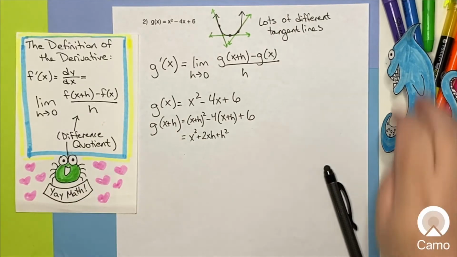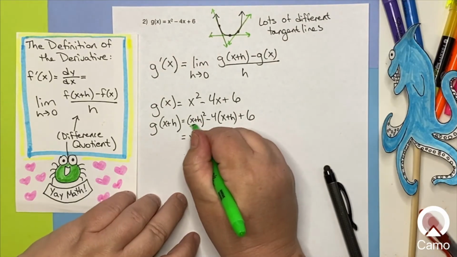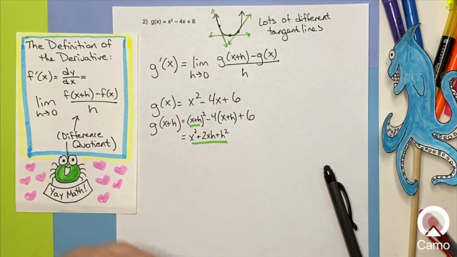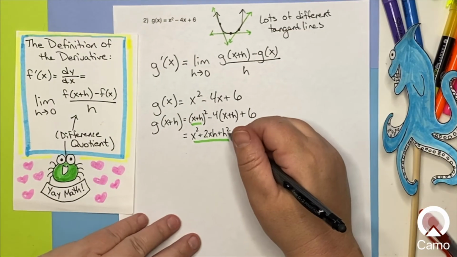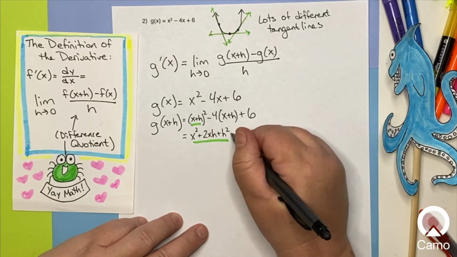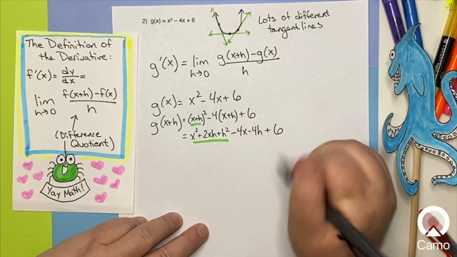So what colors did I use before? I used pink and blue. So I'll use pink for this part right here. And then I'm going to keep going, multiply through by the -4: -4x minus 4h plus 6.